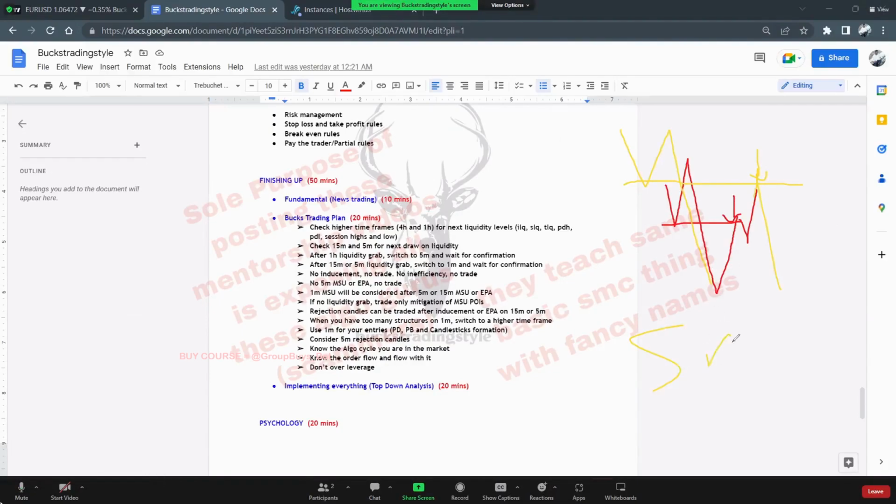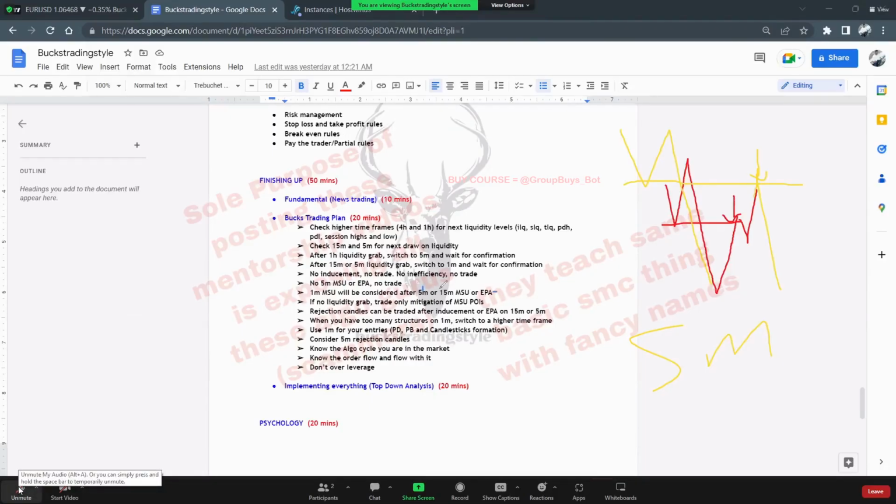Because just like I said, the 5-minute time frame is a very powerful time frame. Now, 1-minute MSU will be considered after 5 minutes or 15 minutes EPA or MSU. I remember when we were talking about entry types, the entry models, the 1-minute MSU, I said the 1-minute MSU can be used as a continuation trade, right?